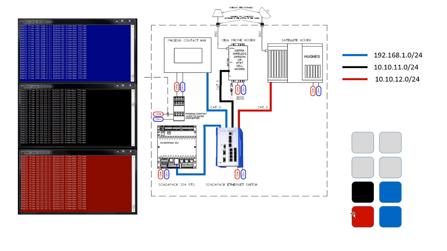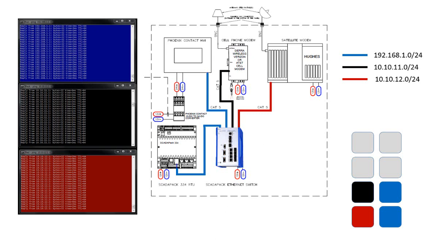This one here is going to be configured as the routed interface for 10.10.12. This is going to be the satellite modem. And these two ports here are going to be configured as a routed interface for the 192.168.1 network. Everything is on a 24-bit subnet mask.